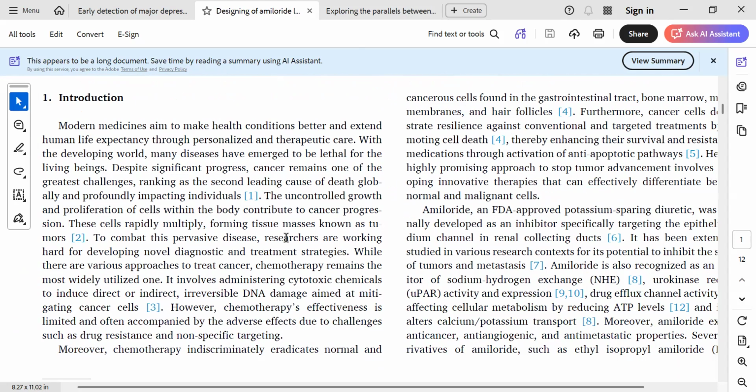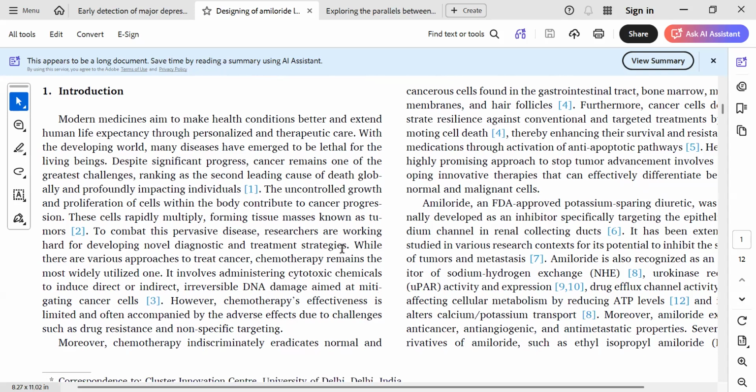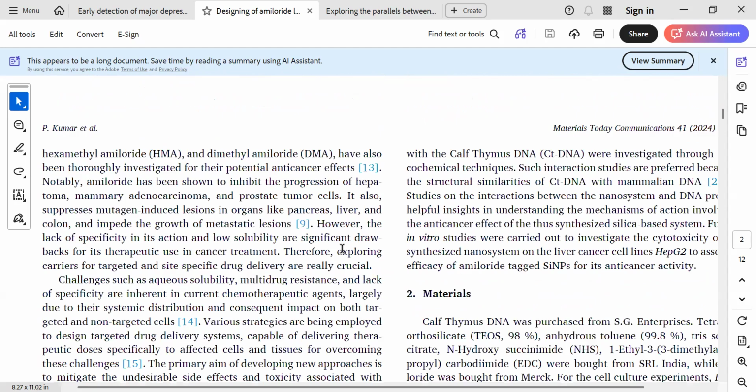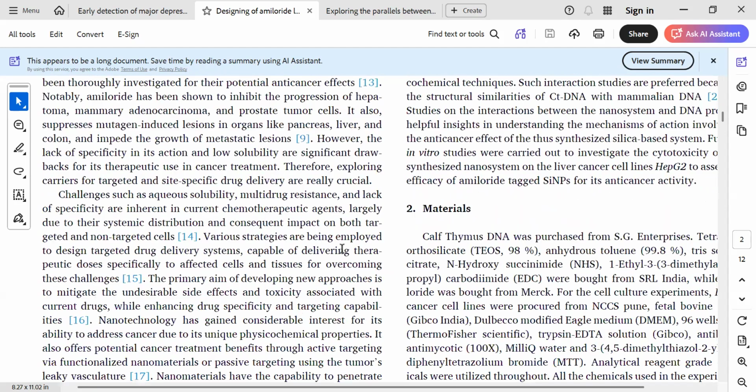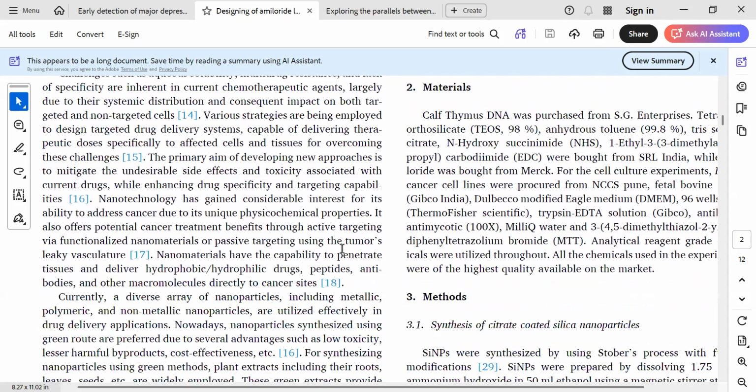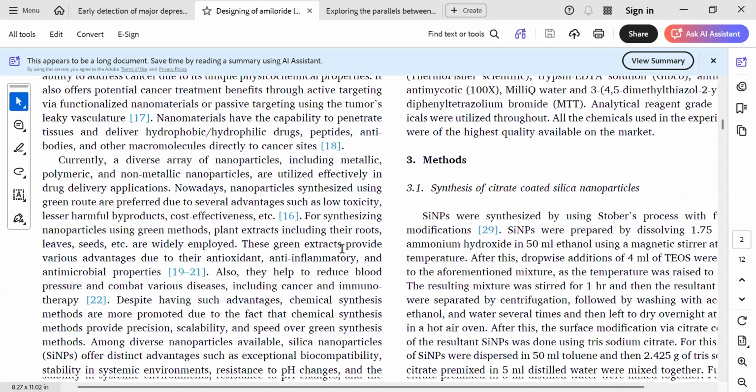Then you have to introduce the topic, talk about whatever work has been done, citing different kinds of references, and try to cite all those papers which are relevant specifically to this particular field, and keep on discussing this part until the very last paragraph of the introduction.